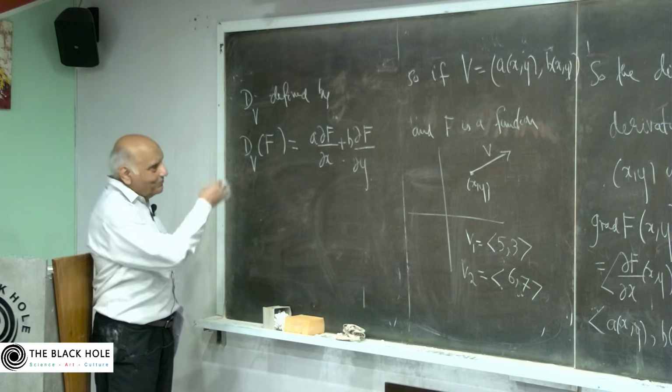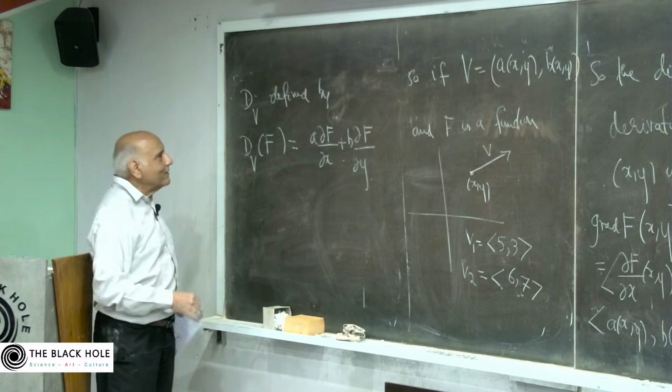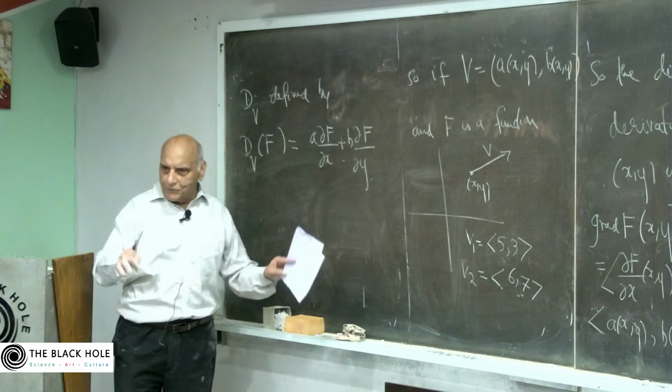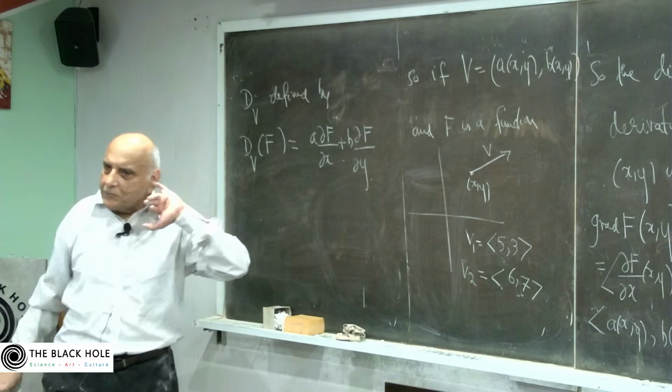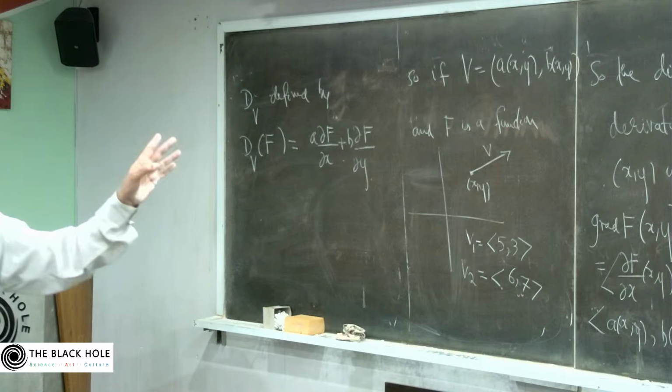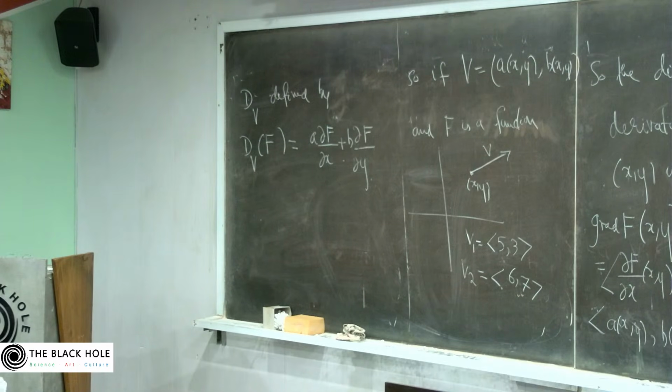Now, the inventor of Lie groups, of continuous groups, he called it the symbol of the vector field. Okay.